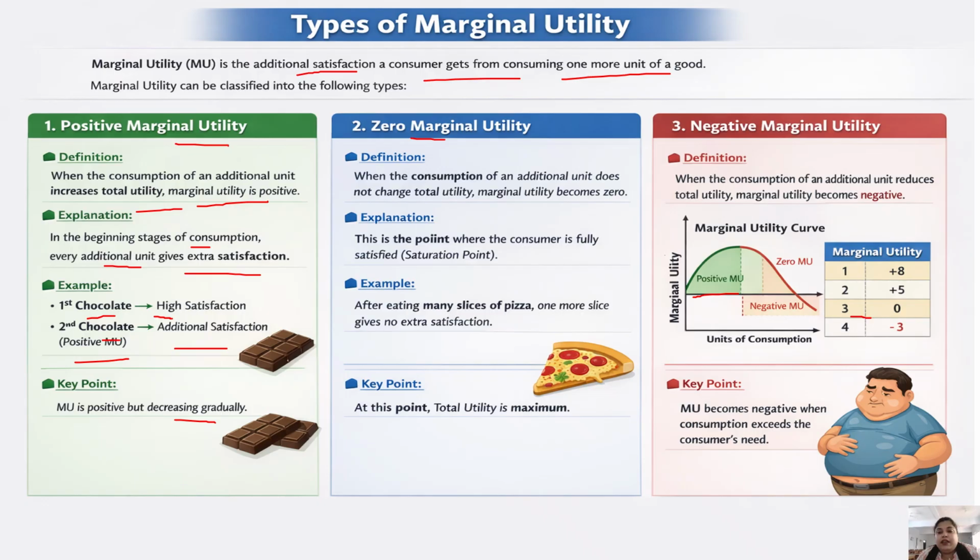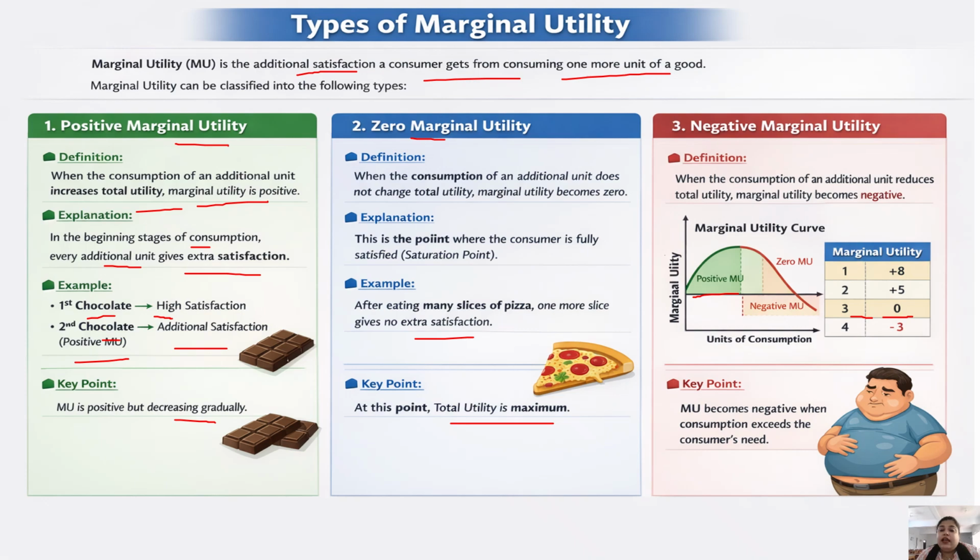Look at this table. In the third unit, the MU becomes zero. So for example, after eating many slices of pizza, one more slice gives no extra satisfaction. So at this point, total utility is maximum. We can see this is the saturation point, right?